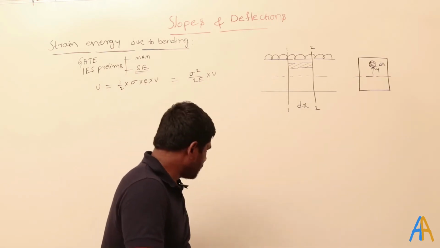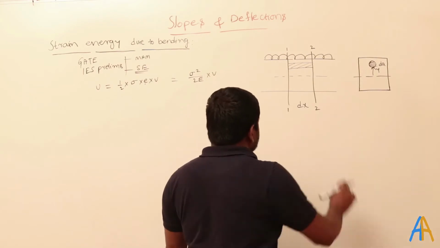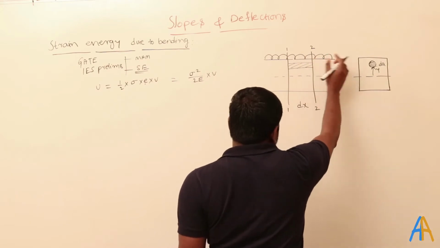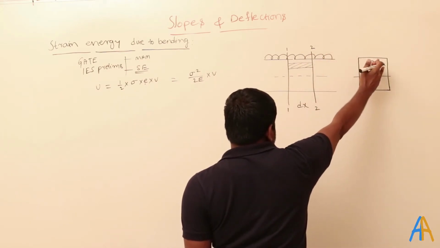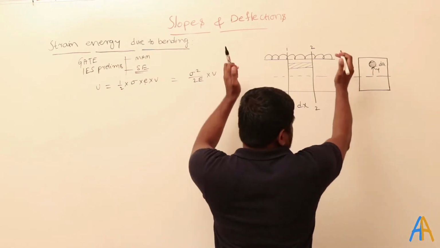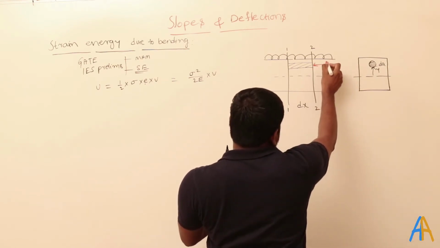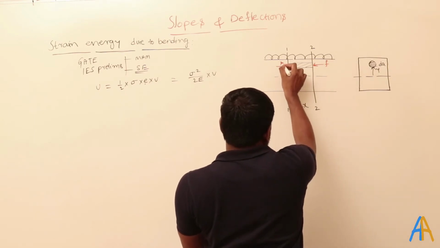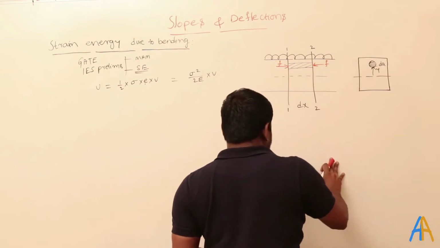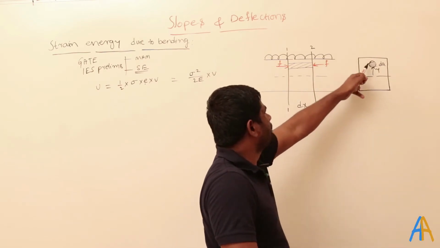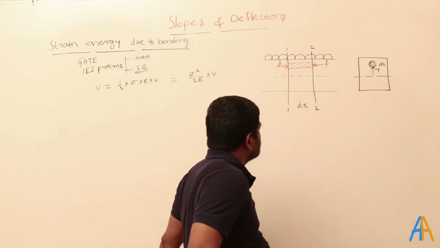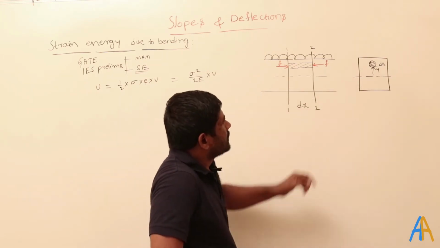Because of the bending, I will take an elemental area, a cylindrical element like this. If I see the cross section, this is the dA, and on this the bending stress is acting normal to it, at a distance of y from dA.